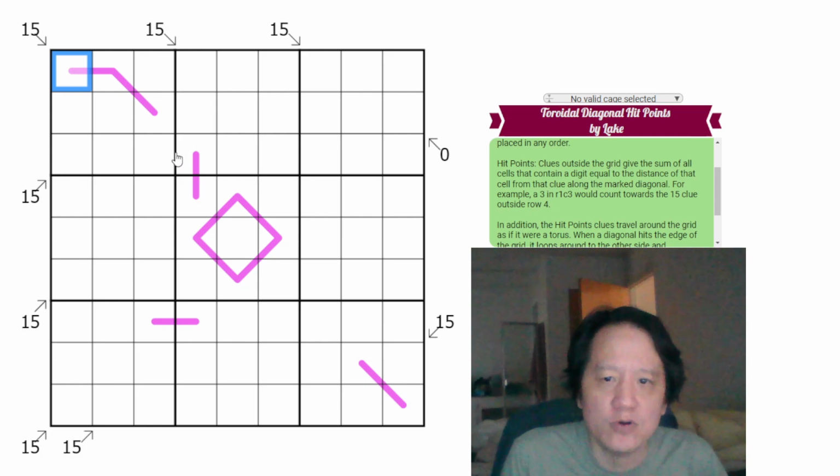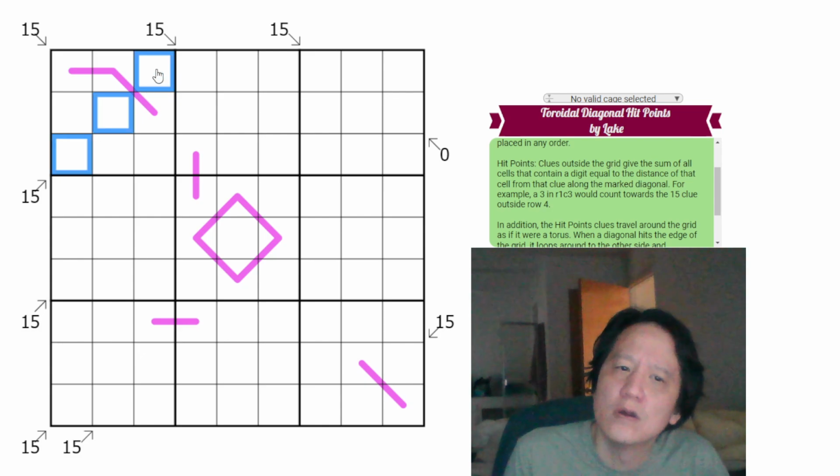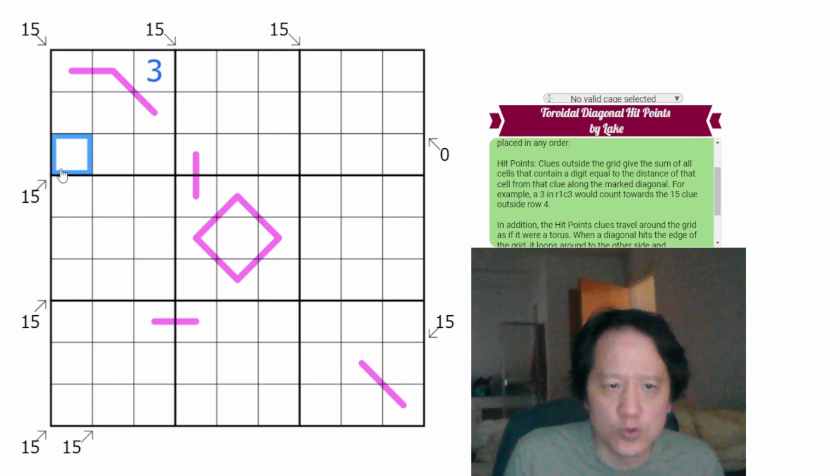So for example, a 3 in row 1, column 3, would count towards the 15 clue outside row 4. So this 3, if it's a 3, would count toward this 15 diagonal.